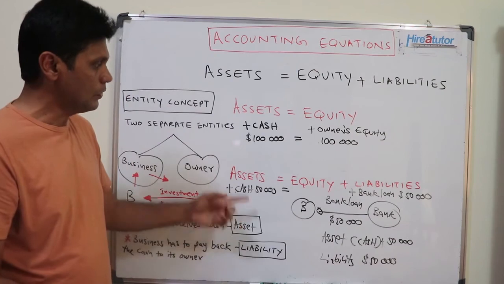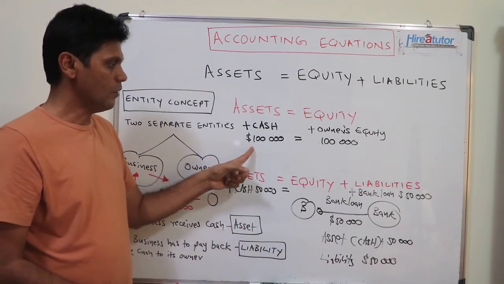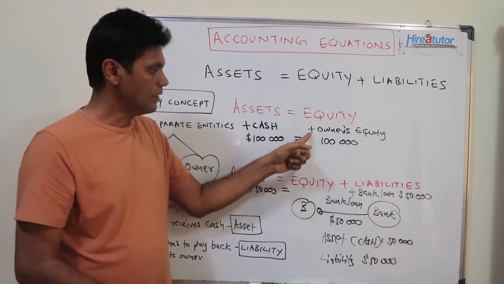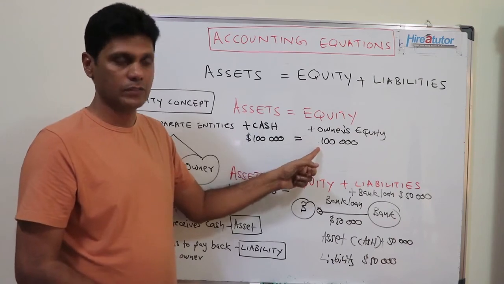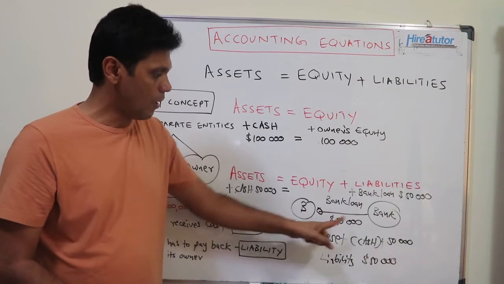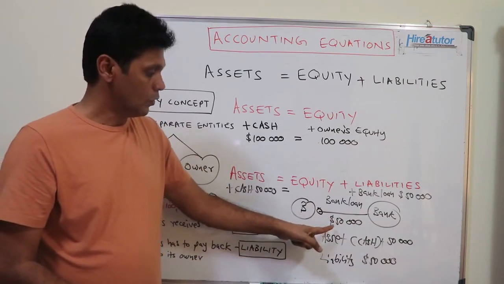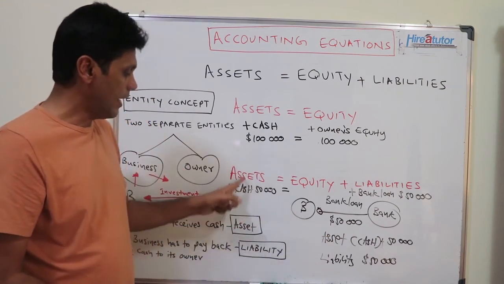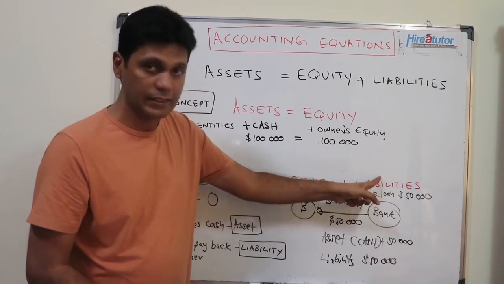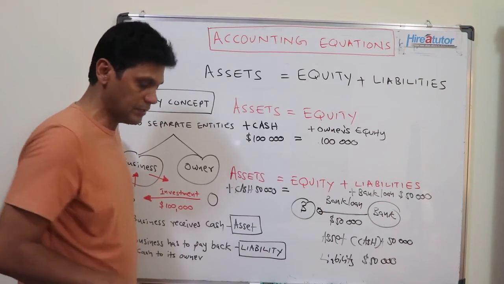In the first transaction, the owner invested 100,000, the cash increased by 100,000 and the owner's equity increased by 100,000. In the second scenario, the business obtained a bank loan worth 50,000, so the cash balance increased by 50,000 and the liability to the bank increased by 50,000.